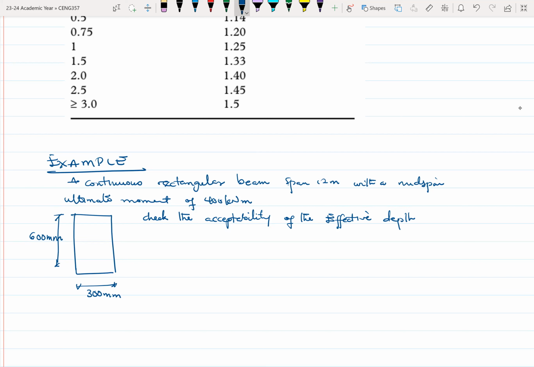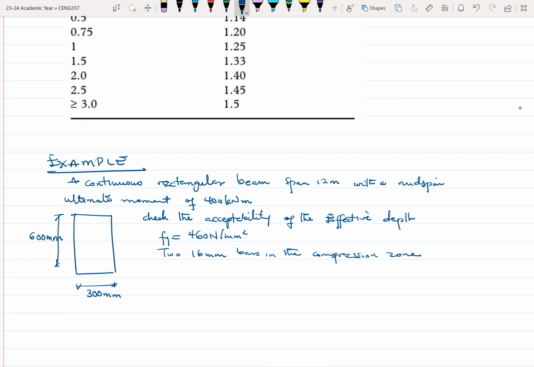So here, the Fy is 460. That's the Fy for the tension steel and for both tension and compression. And we have been told that there are two 16 bars in the compression zone.